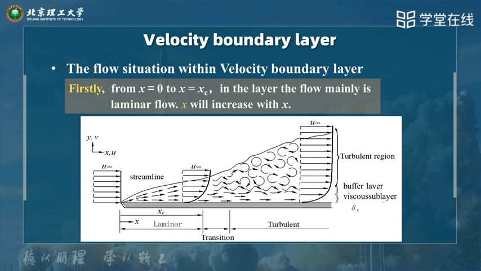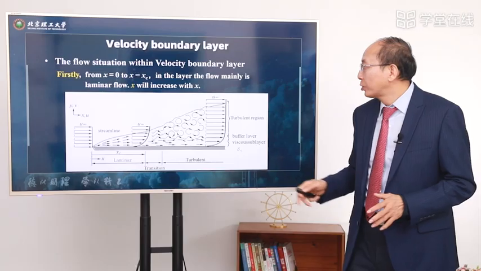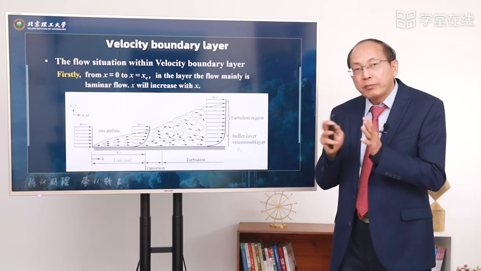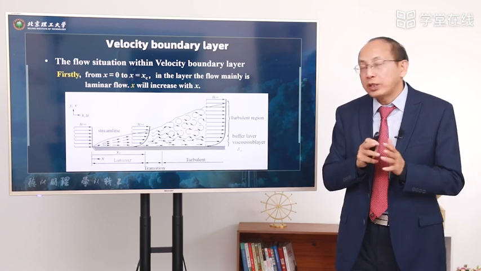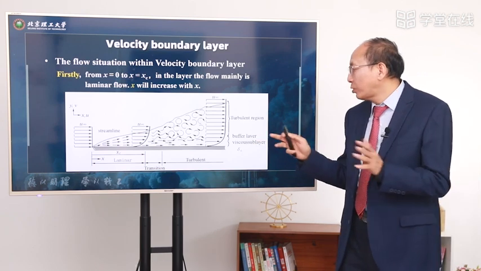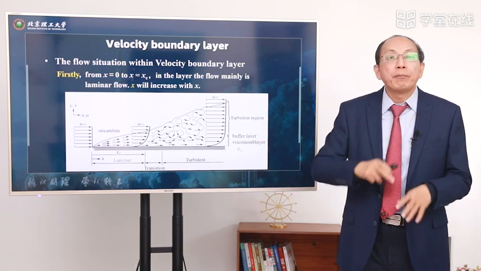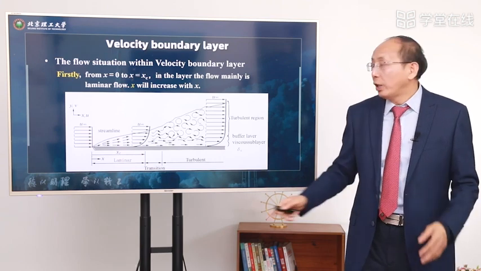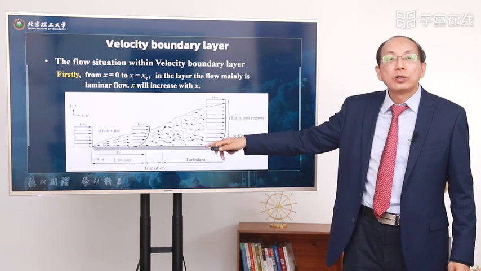From x equals xc, as x increases, the flow may become unstable and unsteady, and more and more turbulent. So from xc to some distance, we can call it the transition region. After the transition region, the flow becomes very complex, very turbulent. In this region, we can call it turbulent flow.